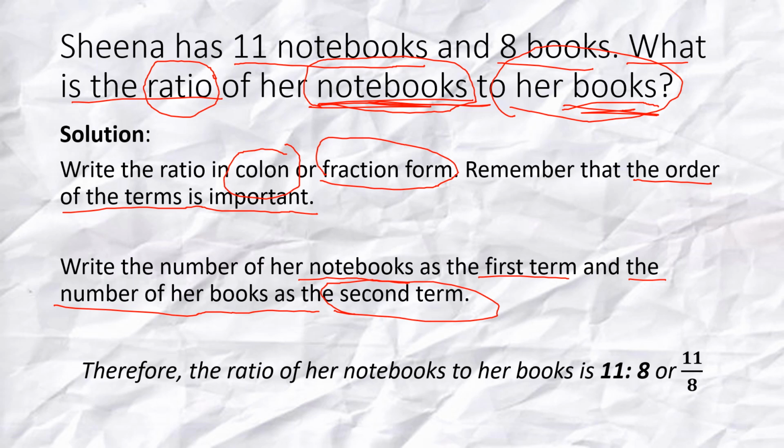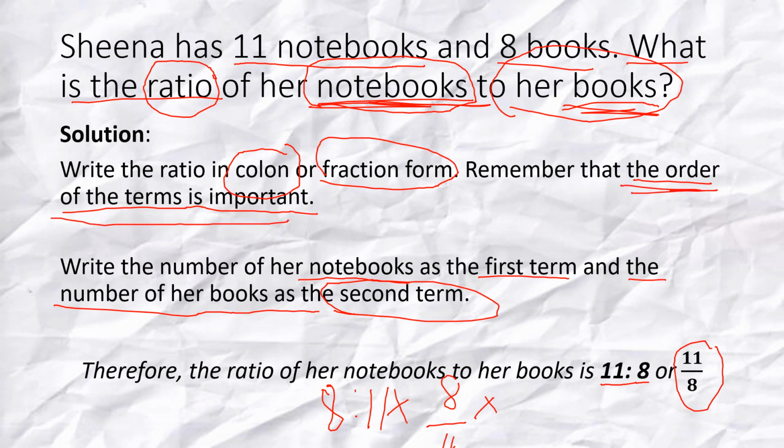Therefore, the ratio of her notebooks to her books is 11:8 in colon form, or in fraction form, that is 11/8. We cannot write 8 is to 11 or 8 over 11. This will be incorrect because we have to remember that the order of the terms is important. It will be based on what quantity was mentioned first in the given problem.